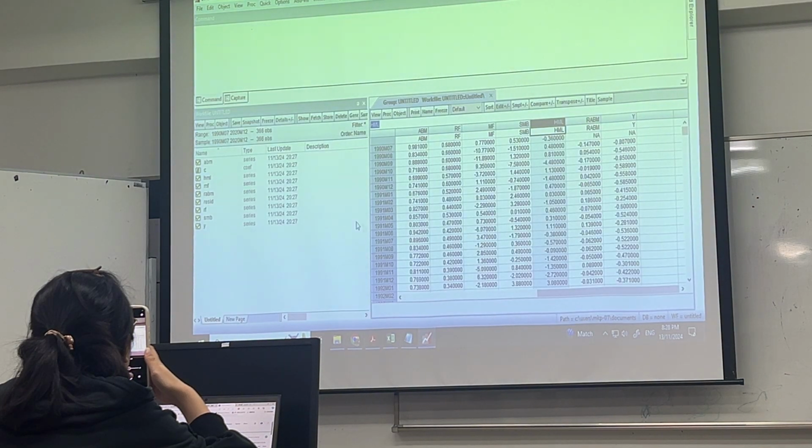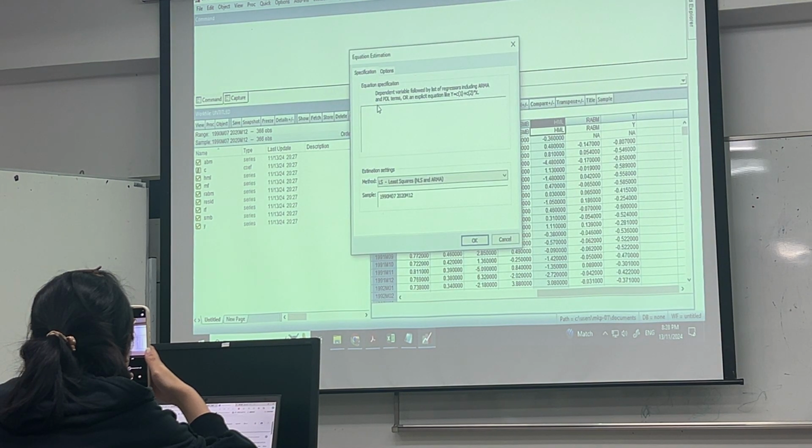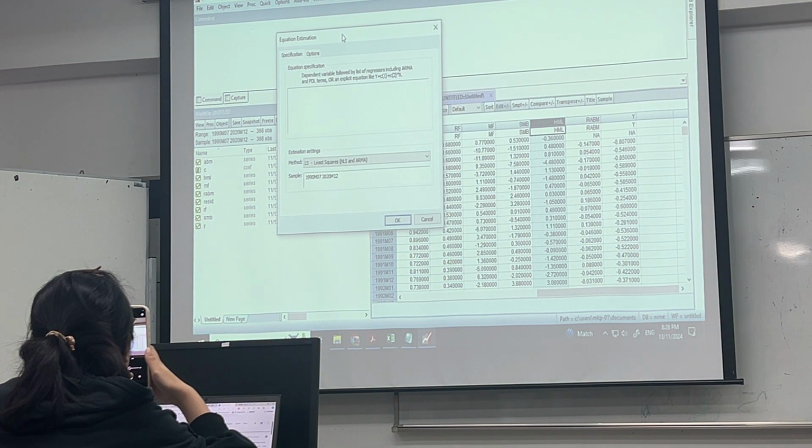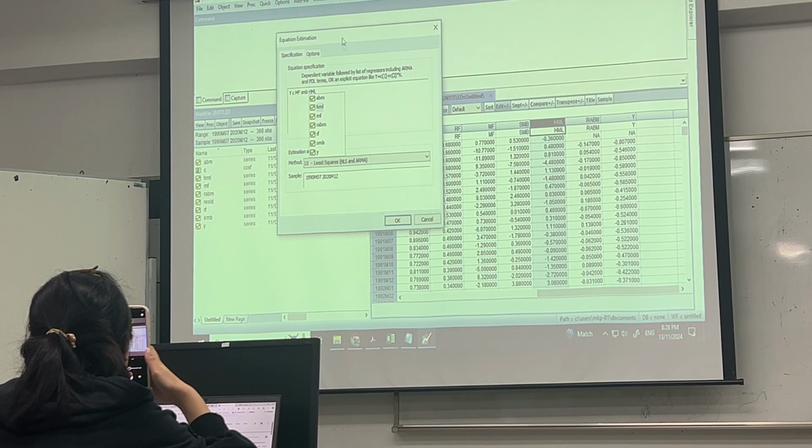So what I need to do now is estimate my equation. My first variable is y, followed by my constant, then my market factors, and then the other factors, which are SMB and HML. For the method, I will start with the least squares method, the linear method.